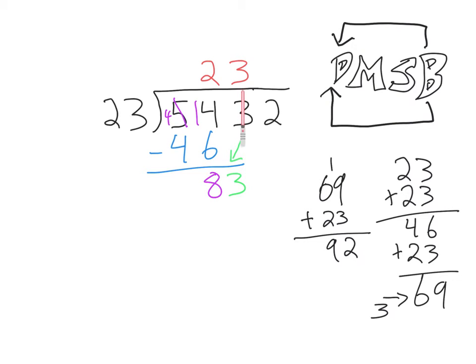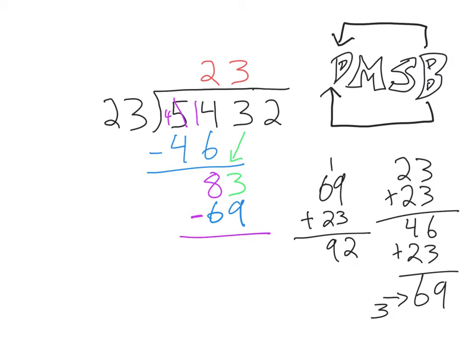Now we multiply the number we just put up top by the number out front. We already know what 3 groups of 23 is. 1, 2, 3. So when we multiply, we get 69. Now we subtract. Can I do 3 minus 9?